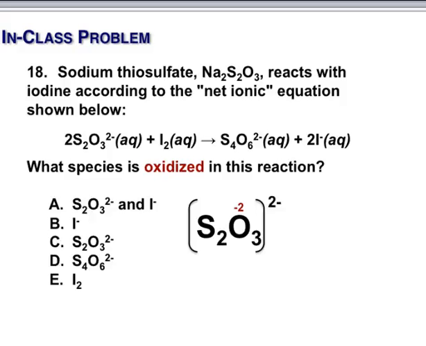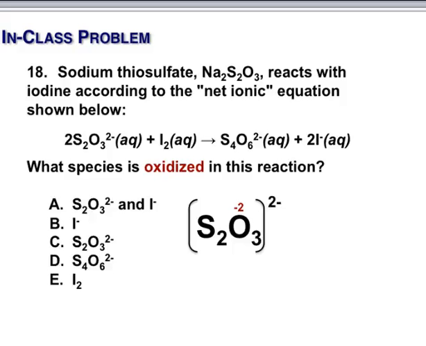All right, now, remember thiosulfate is a dianion, isn't it? So let's ask the question. We have 3 oxygens at minus 2 each, right? That's 6 negatives. But we have to save 2 of our negatives for our charge.